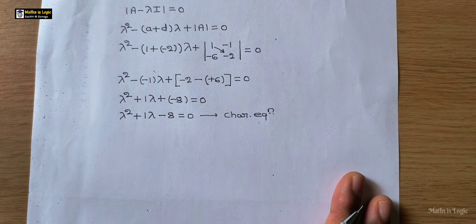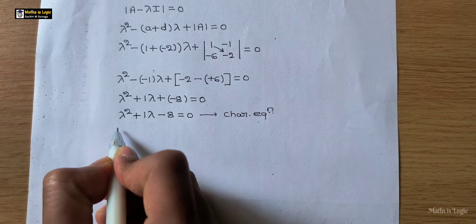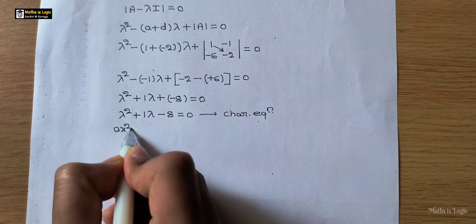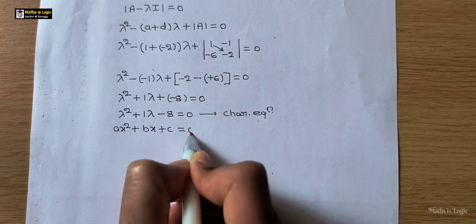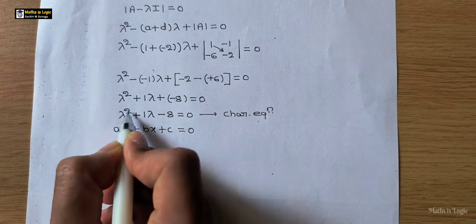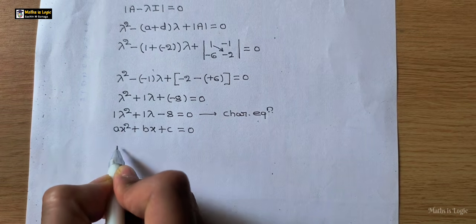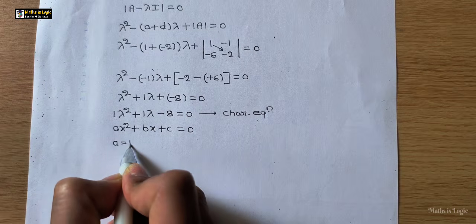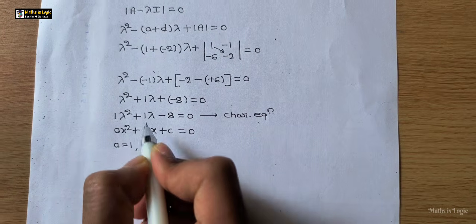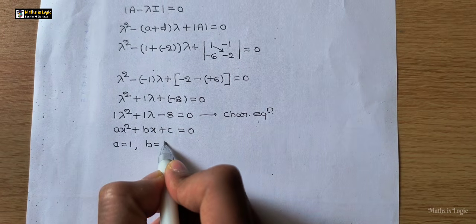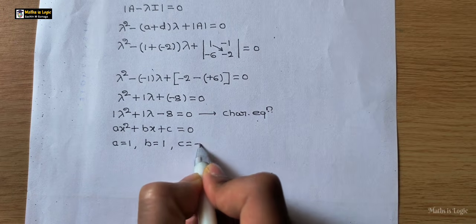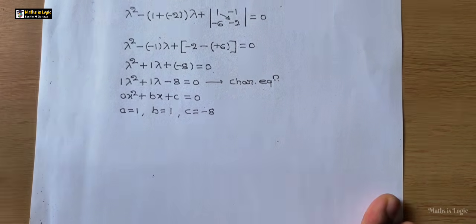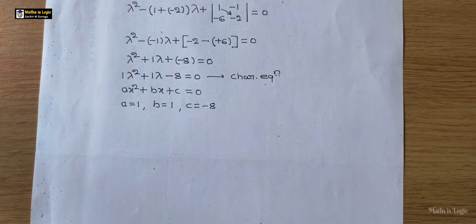After getting the characteristic equation, compare with the standard form. What is that? A x square plus b x plus c is equal to 0. Lambda square coefficient, nothing means 1. So what is the value of a? 1. B is equal to the lambda coefficient, plus 1, that is 1, and the c value becomes minus 8. Next, for roots, apply the formula.